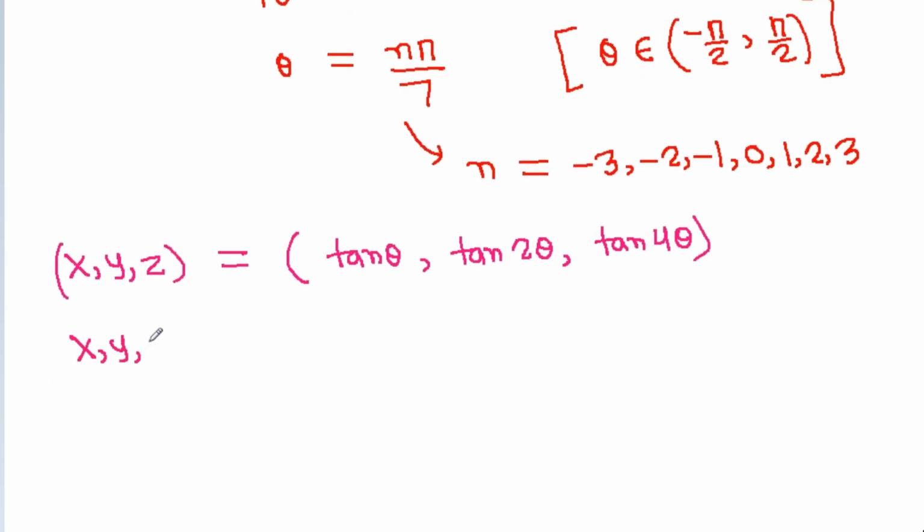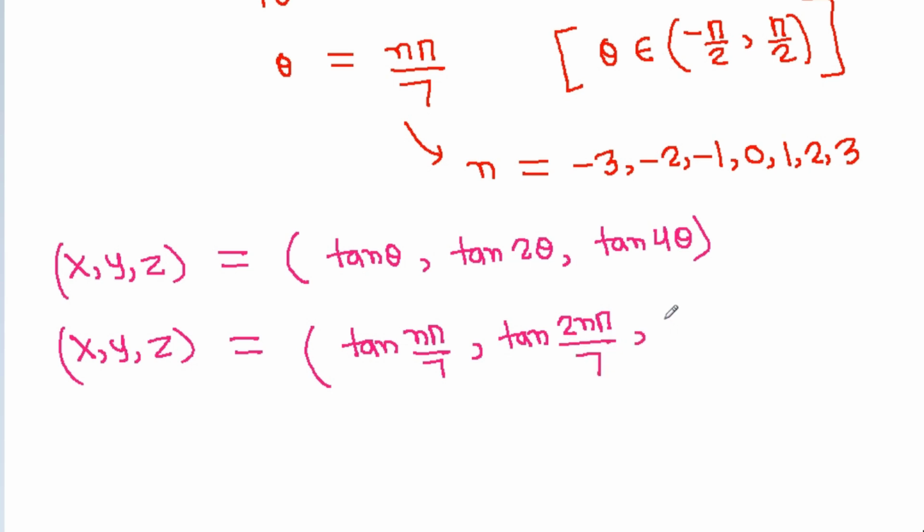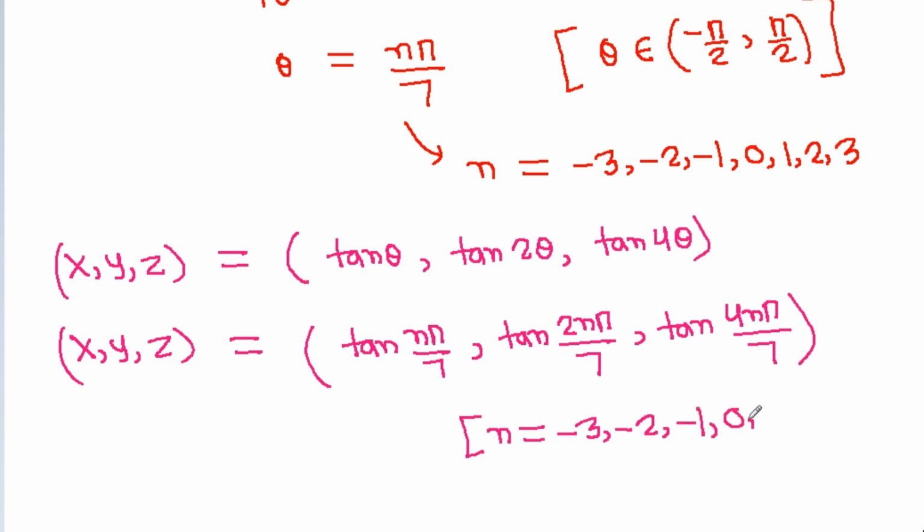So x, y, z will be equal to tan of n pi by 7, tan of 2n pi by 7, and tan of 4n pi by 7, where n is equal to minus 3, minus 2, minus 1, 0, 1, 2, 3.